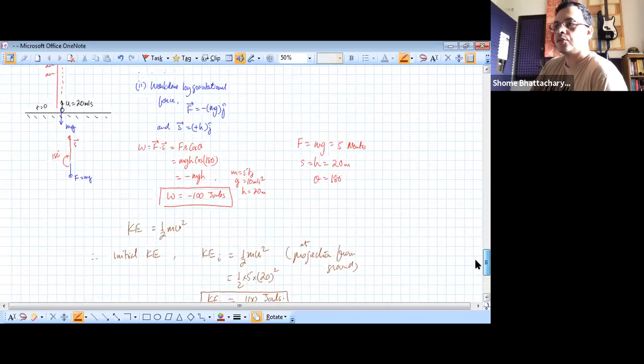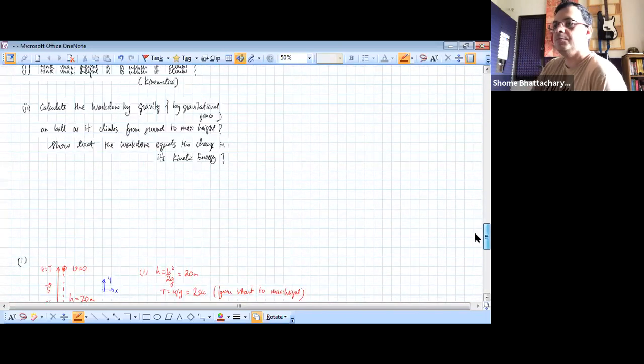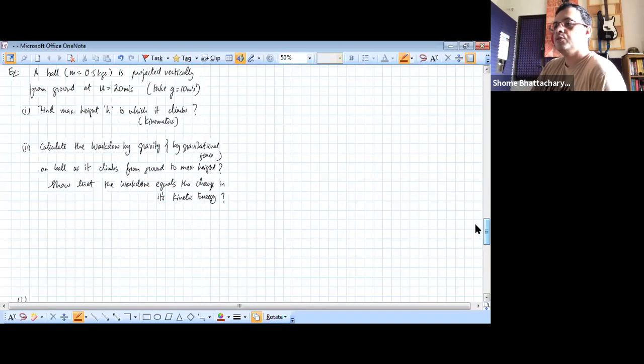Yeah, please. So this was the second part of the question, to calculate the work done and then also demonstrate that the work done equals the change in kinetic energy. So that's why we have calculated delta K in the end.